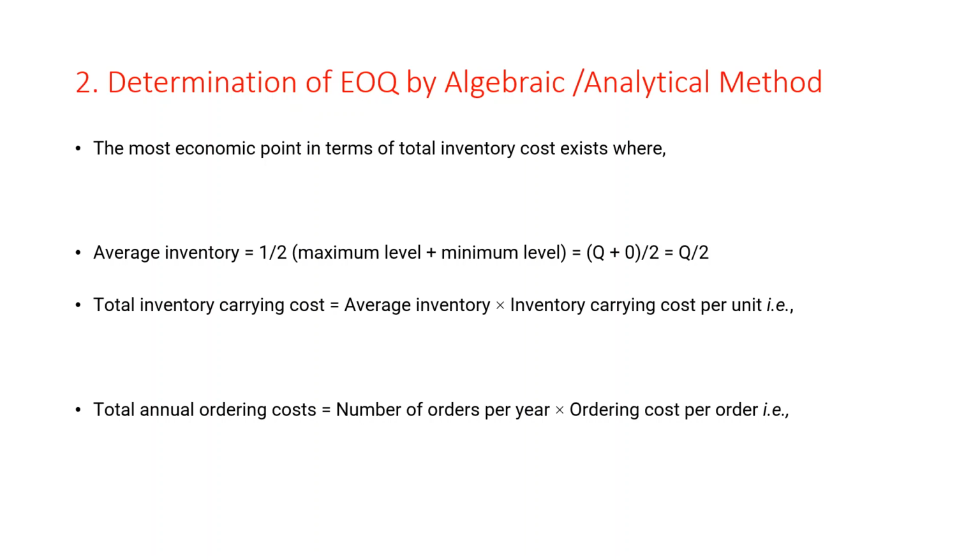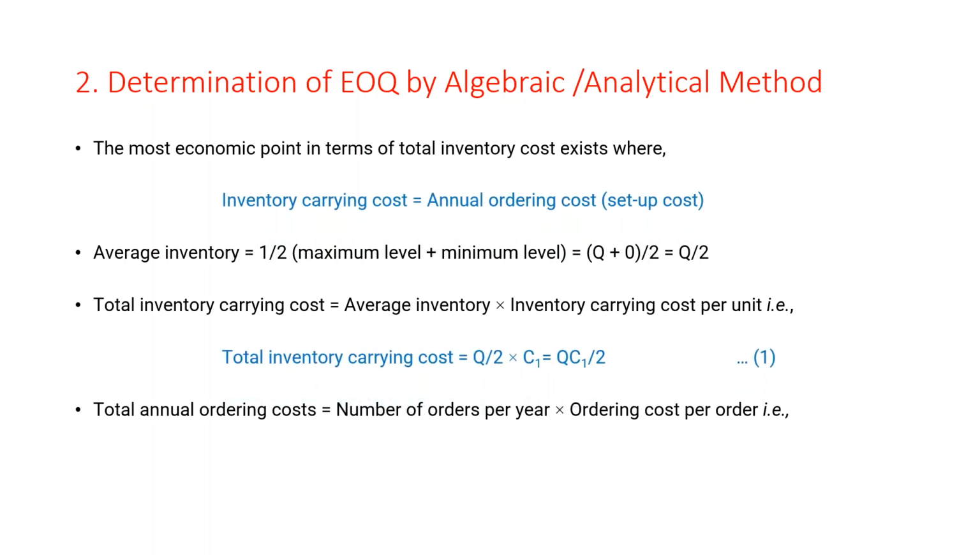Next, total inventory carrying cost is equal to the average inventory into the inventory carrying cost per unit. That is, Q by 2 into C1. So we get the total inventory carrying cost equal to QC1 divided by 2. This is our equation number 1.